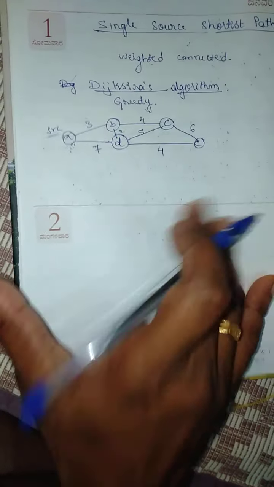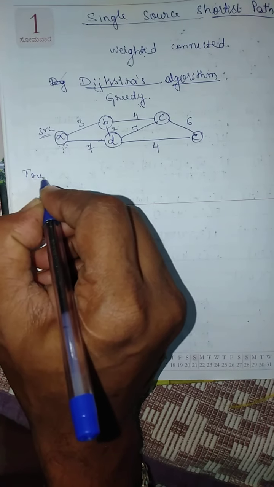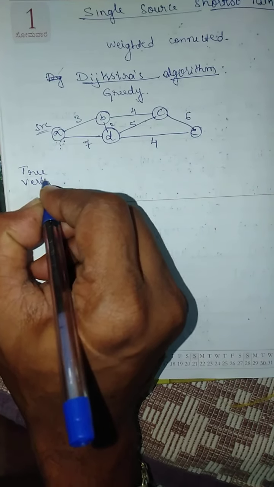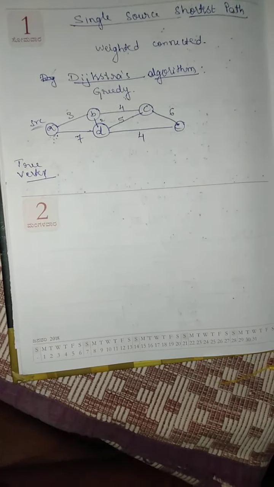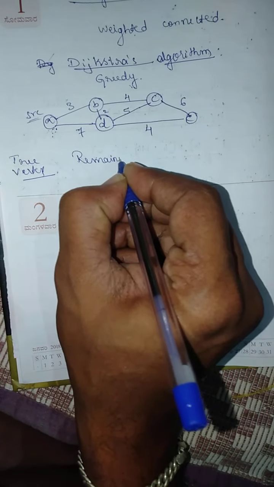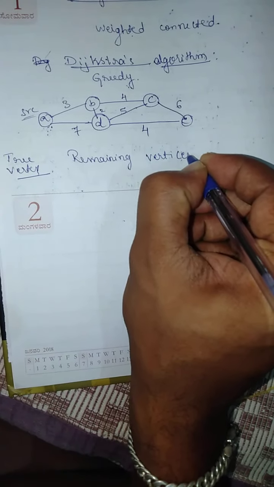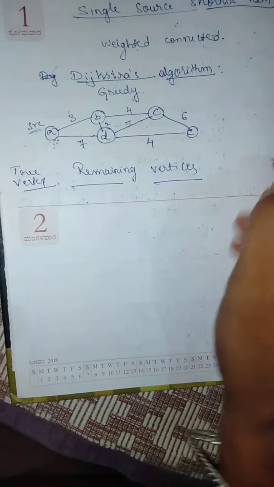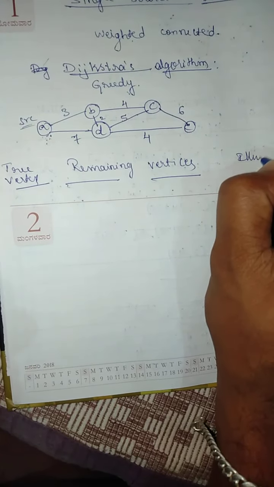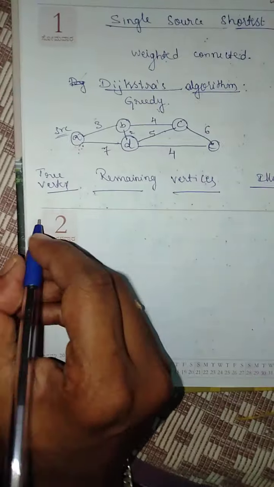Okay, right. So how to solve this? We keep the tree vertices, the remaining vertices, and the illustration.